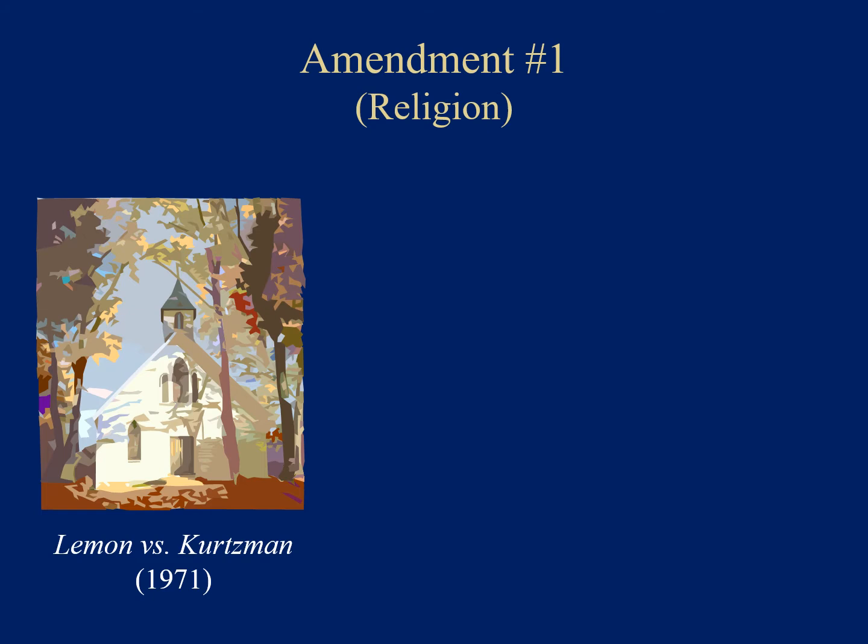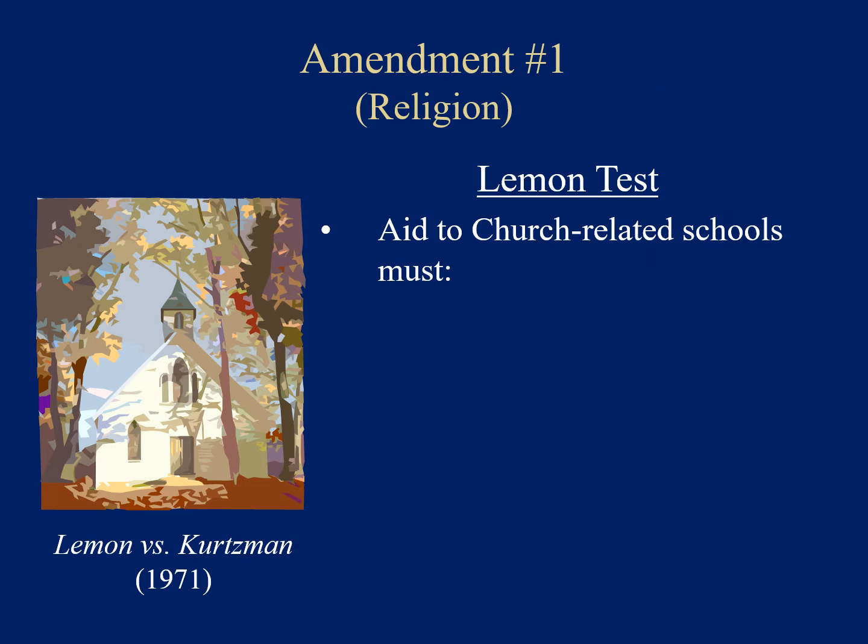Now, when it comes to freedom of religion, this does not mean that the government can't aid religion in some way. There was an important case called the Lemon Decision from the 1970s that resulted in the so-called Lemon Test. The government can provide aid to church-related schools. Let's just say if a parochial school, a Catholic school, wanted to combine with a public school to have busing, they could do something like that.